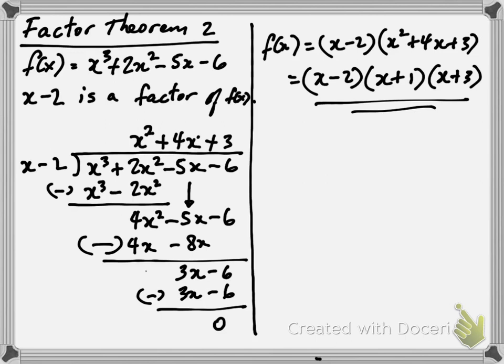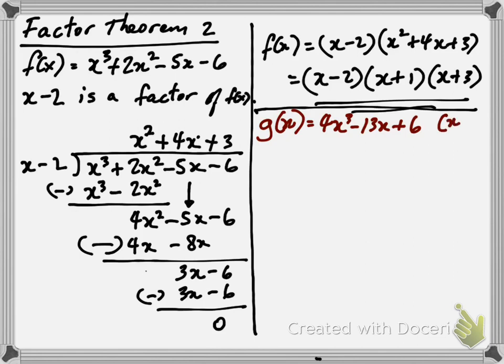All right, so let's say g of x equals 4x cubed minus 13x plus 6, and one of the factors is x plus 2.